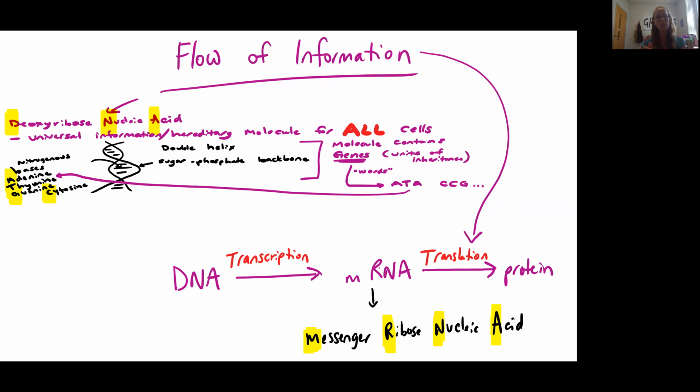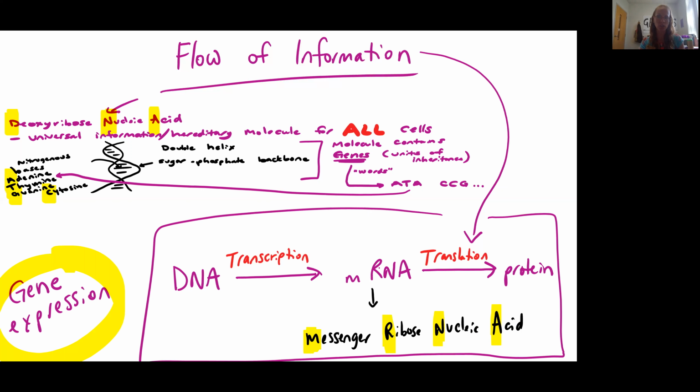And then we're going to take that molecule and do a second process called translation in order to form our protein. This whole process of transcription and translation, going from DNA to mRNA to a protein, is referred to as gene expression. So that's the process of actually taking the information in the form of DNA molecule and converting it into a functional protein that the cell can use. So this is talking about how information is flowing from one molecule to another.